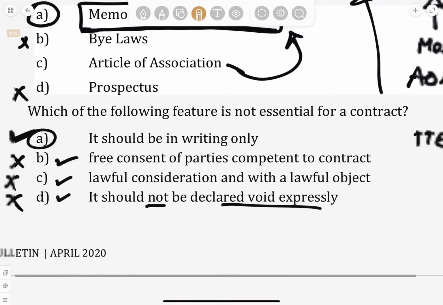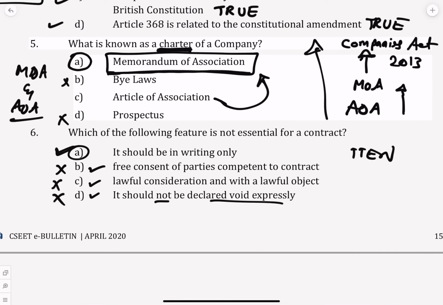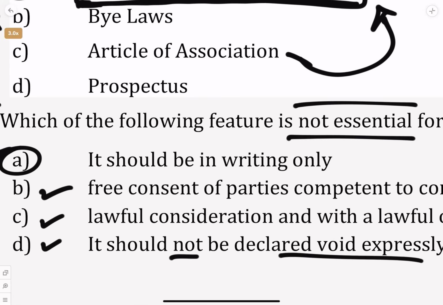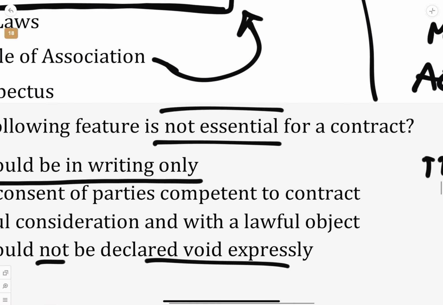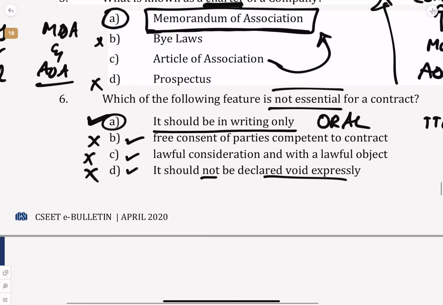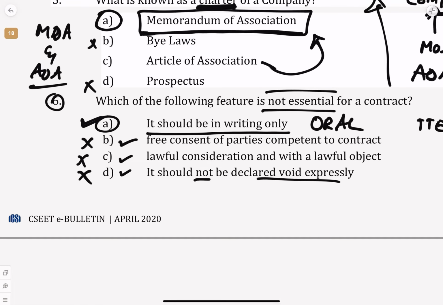Let us go to the question properly. They are asking which of the following is not essential. Okay, when you say not essential, it is not essential that the contract should be in writing only, because a contract can be oral also. So that is how you understand this concept.